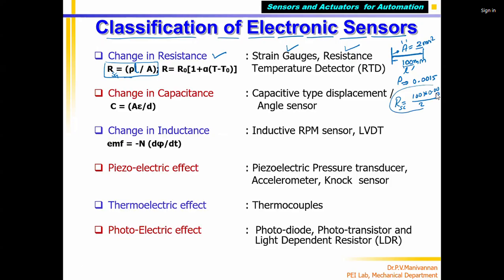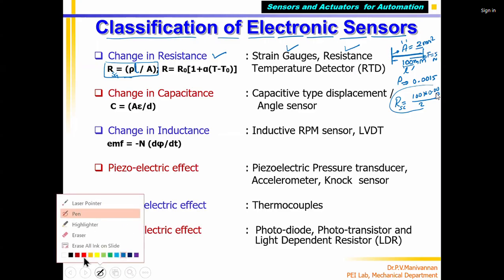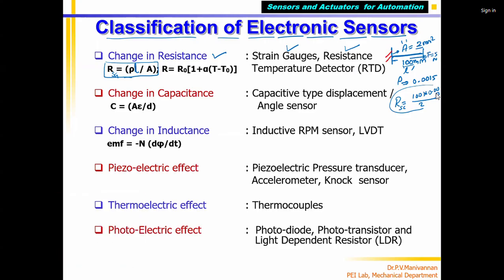Now, if I apply a force onto the strain gauge and it stretches, I apply, for example, a force equal to 5 Newton. What will happen? One side of the wire is connected, it cannot move, it is fixed, correct? This end is fixed. On this side I'm applying a force of 5 Newton.